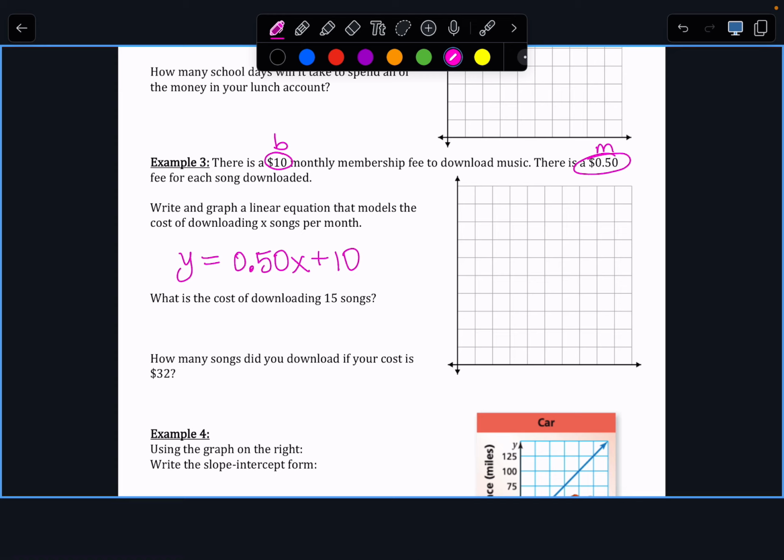$0.5 per song. So I need to figure out, is my x-axis songs or money? Is my y-axis songs or money? So our slope is dollars for each song. Rise over run.